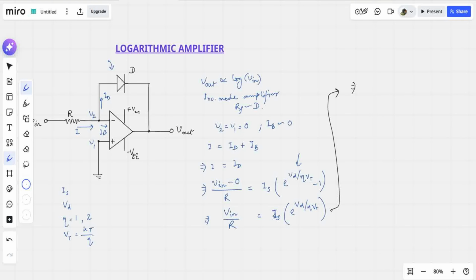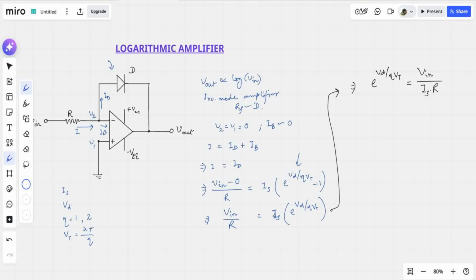So if we bring the Is term to the other side, we have e to the power Vd by eta Vt equals V in divided by Is into R. Now if we determine Vd, Vd is the voltage across the feedback path.